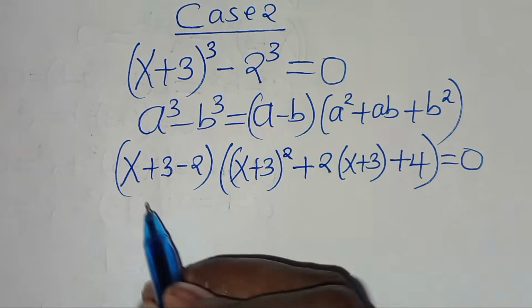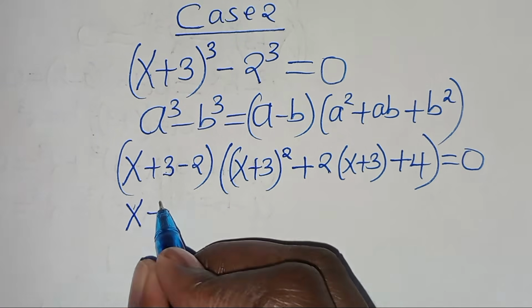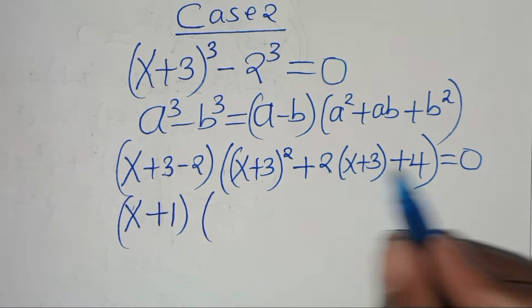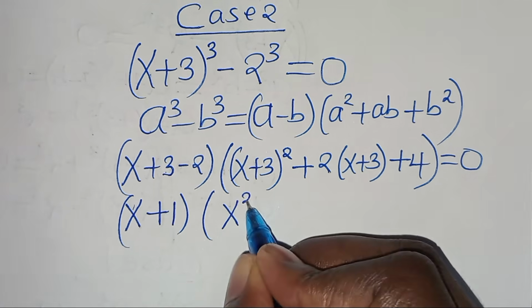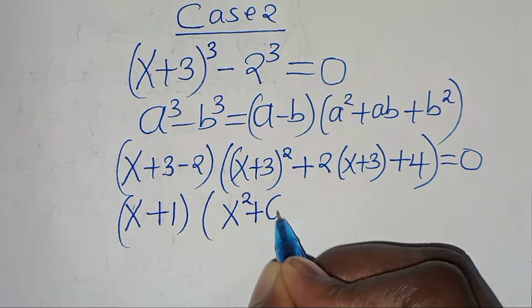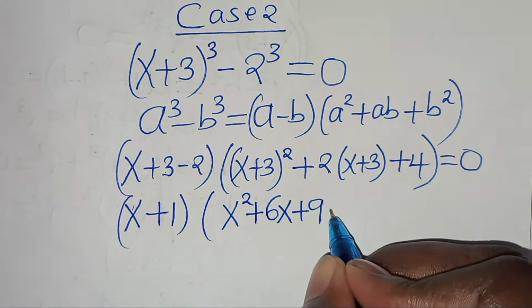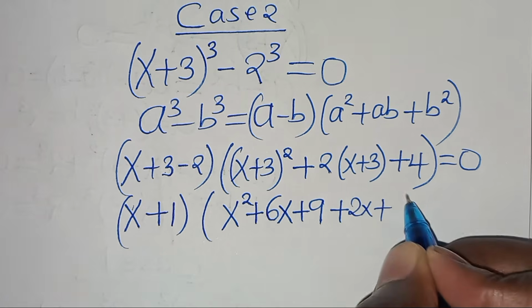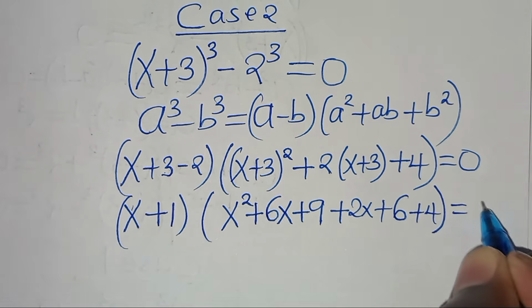Now, the next step is that we have x, 3 minus 2, this is 1, so we have x plus 1. Into the parentheses here, we have (x plus 3) to the power of 2, this is the same thing as x squared plus 6x plus 3 squared, which is 9, then plus 2 times x, this is 2x, then plus 2 times 3, this is 6, then plus 4, close the parentheses, equal to 0.